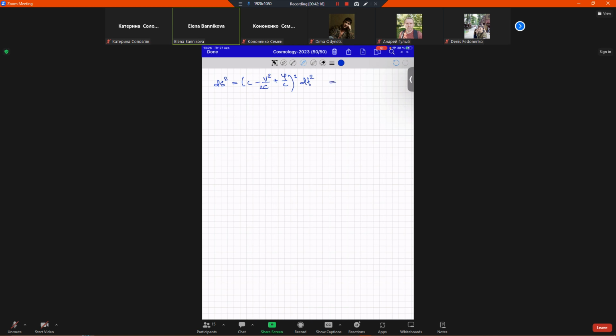Let's consider what this is. We just need to make some manipulations. This is the square of the sum of two terms, so it will be v squared over 2c squared dt squared plus 2 phi divided by c times c minus v squared over 2c dt squared plus phi squared over c squared dt squared.